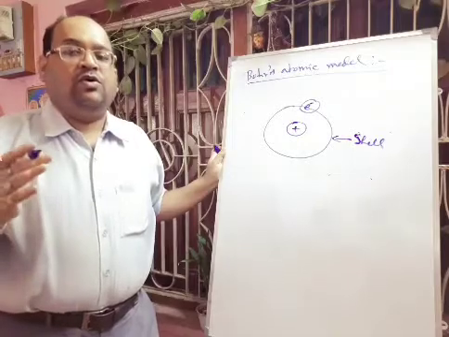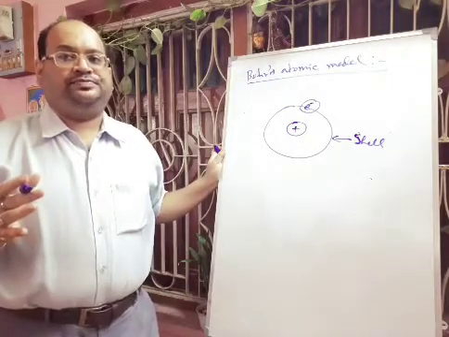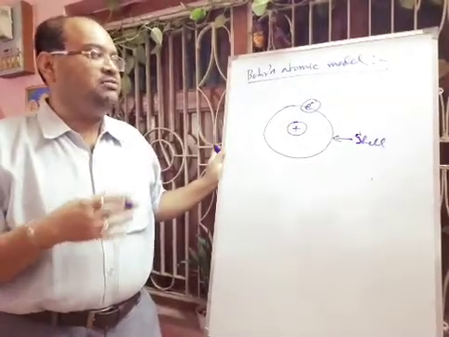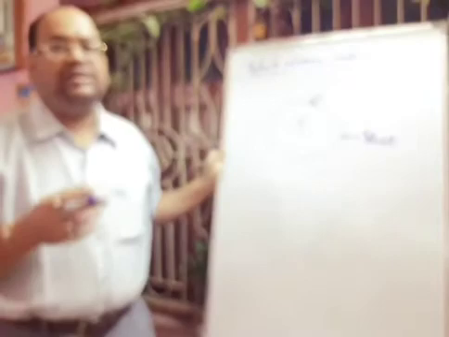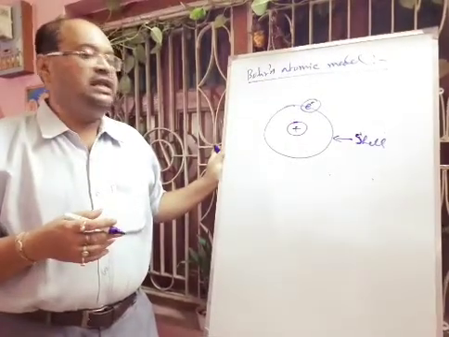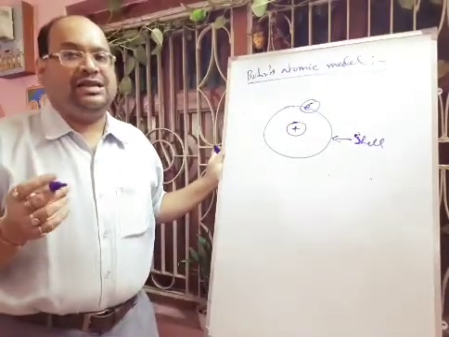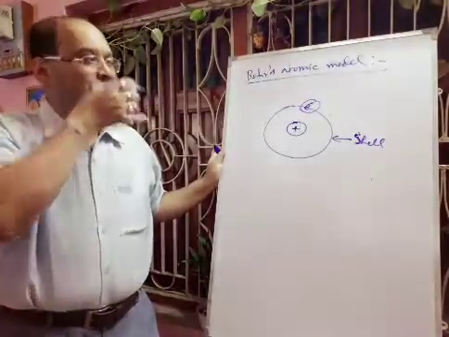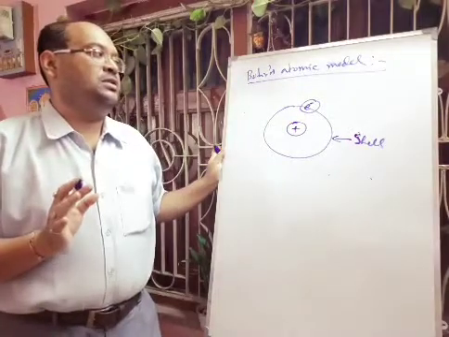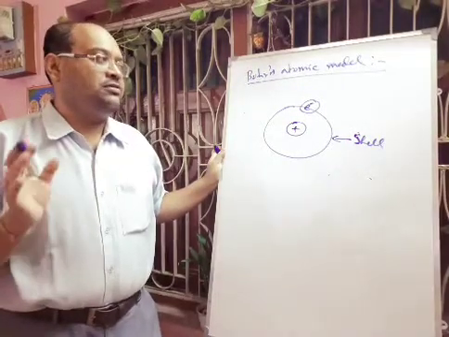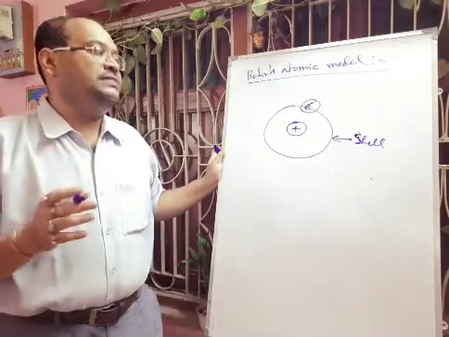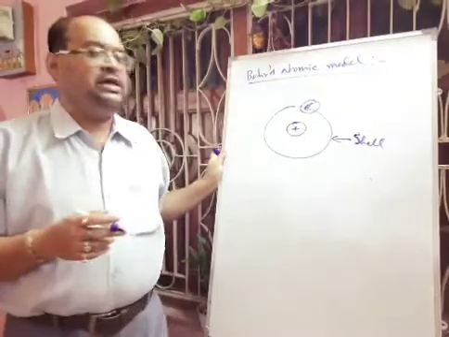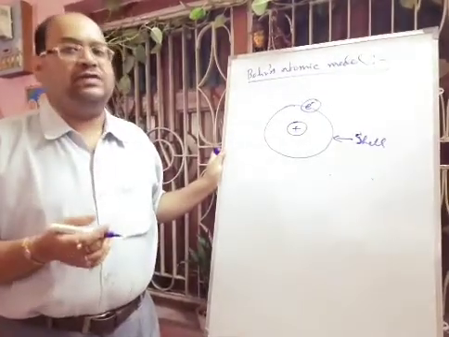Now, here we are considering just one electron. When one electron is revolving in a particular orbit around this nucleus, it will not lose energy and it will not gain energy. According to classical physics, if a charged particle rotates, definitely it will lose some amount of energy, and that is why Rutherford's atomic model is not stable.